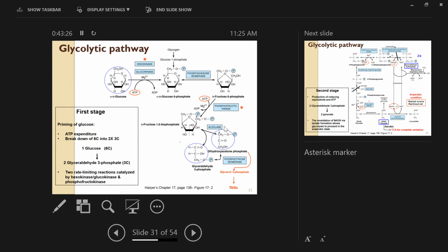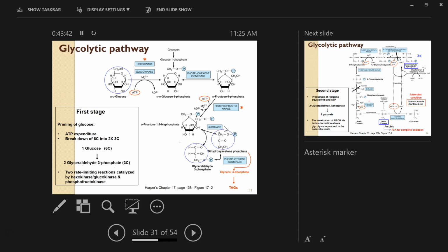So the glycolytic pathway involves many biochemical reactions, right? Of course, many enzymes are involved in these reactions to regulate them.